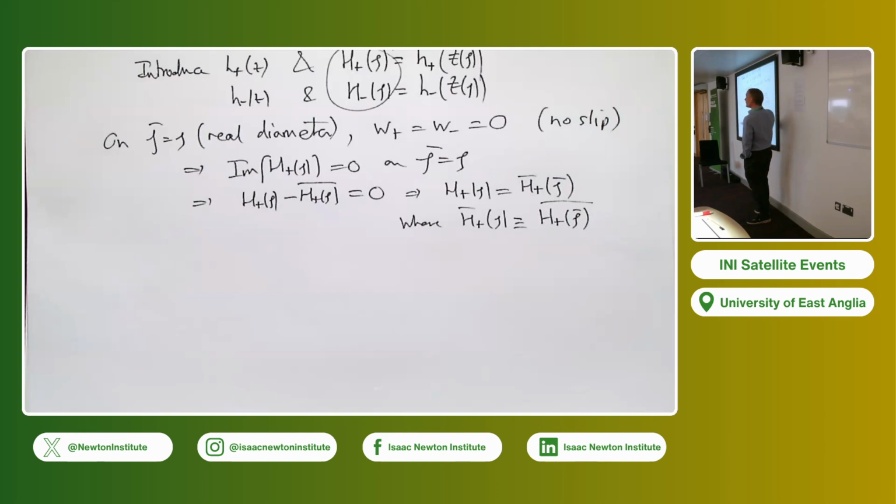Notice, if you've given me H plus of zeta, just a function of zeta, then I can certainly define this thing, right? Because I know what H plus of a complex variable is, and then I conjugate the answer. So you can think of this plus kind of falling through here, that leaves a plus on there, and that conjugate just goes back to the zeta.